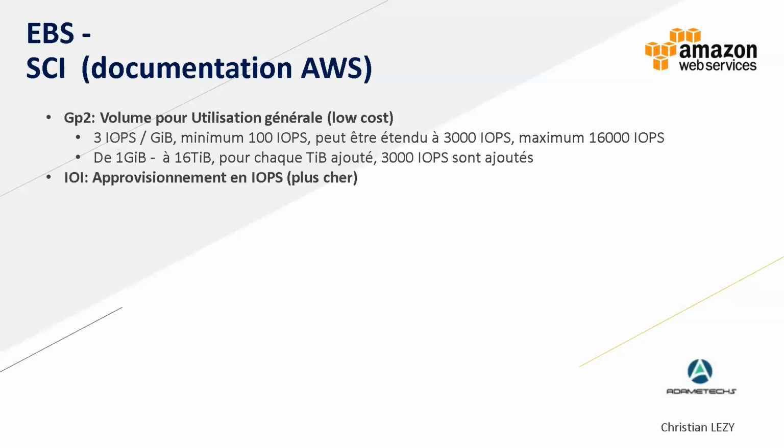Then we have the IO1 disk type with an IOPS supply independent of the disk size. This is more expensive, but you can define the number of inputs and outputs you need independently of the disk size.